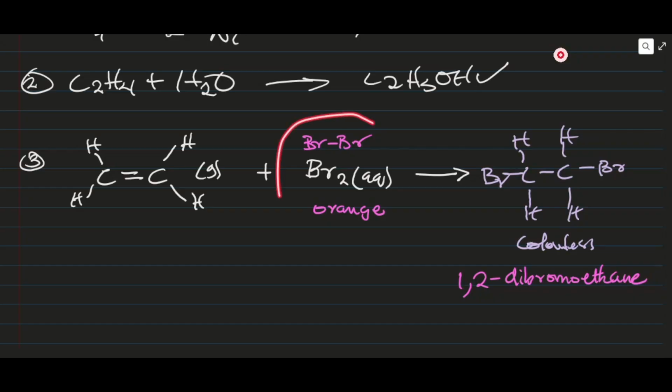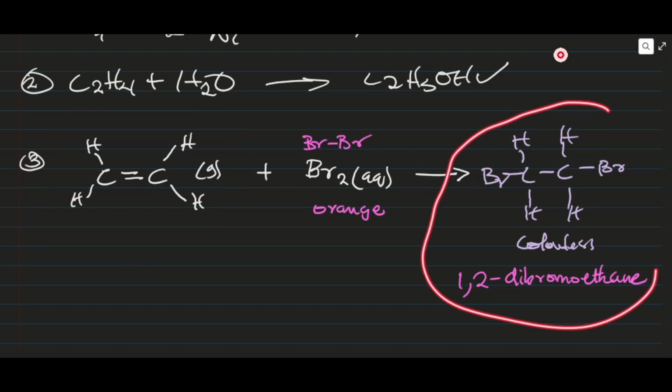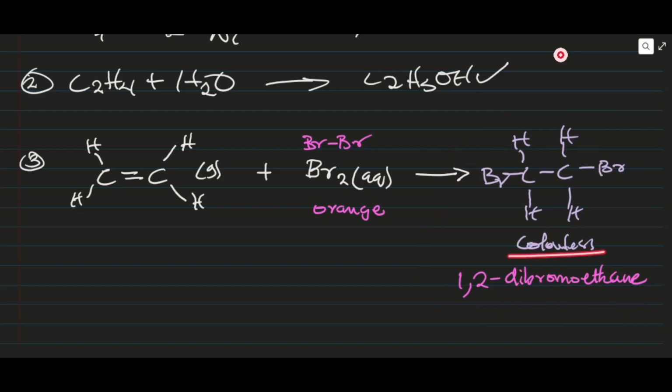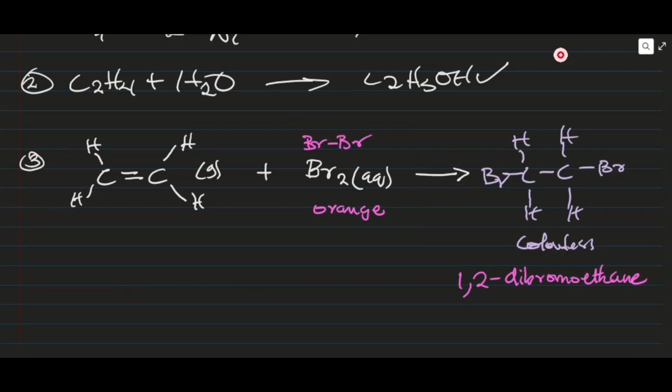Since our bromine that is orange has reacted with our unsaturated compound, we are going to form a new product, and that new product is going to be colorless, because what made our starting reagent orange in color is the presence of bromine.